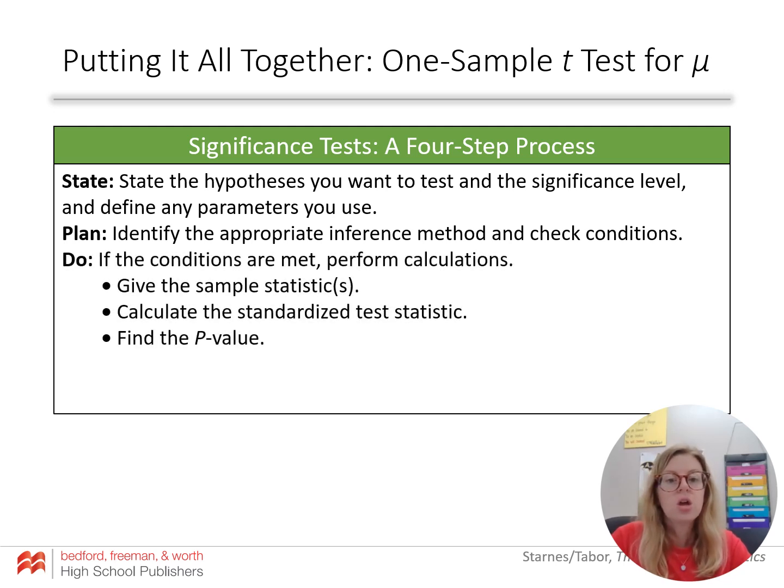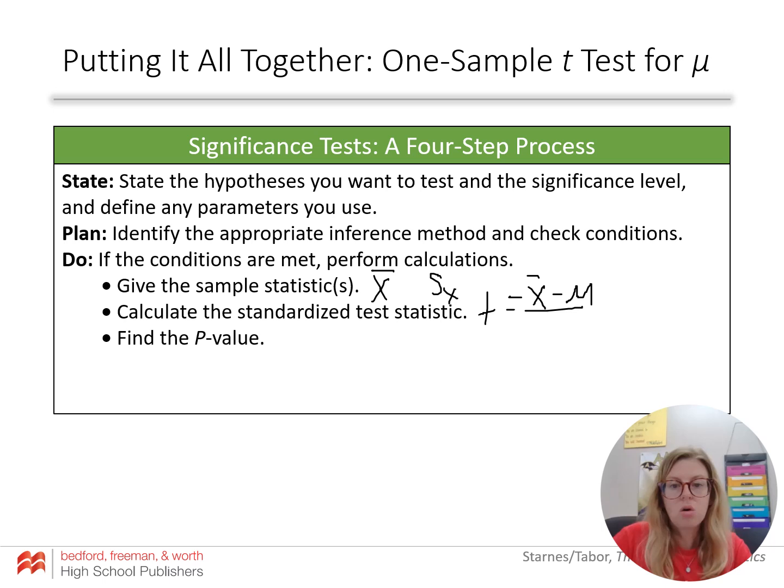In the do, we're going to give the sample values, so x bar and s sub x. That needs to go in the do. We're going to find t, so that's x bar minus mu over s sub x over square root n.